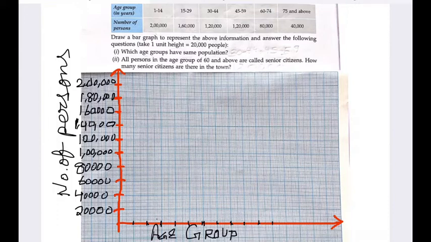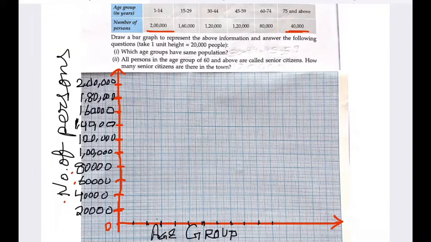We have taken the distance of 1 centimeter. As you can see the data, the minimum value is 40,000 and the maximum value is 2 lakh, fine. So we have started from 20,000, taken the gap of 20,000, like 20,000, 40,000, then 60, 80. This way we have gone up, fine.